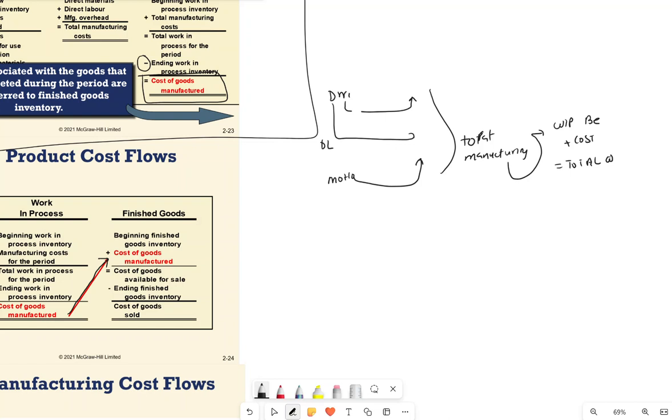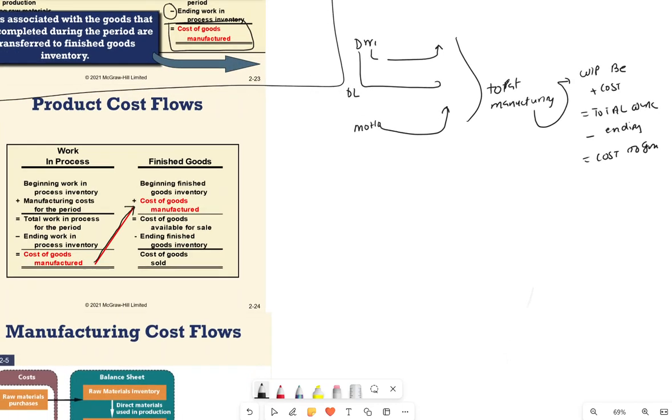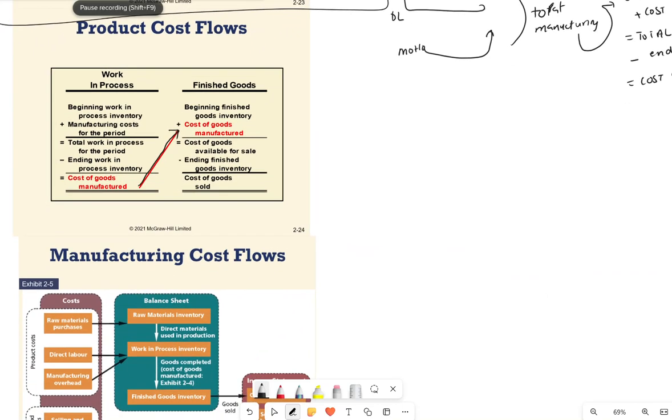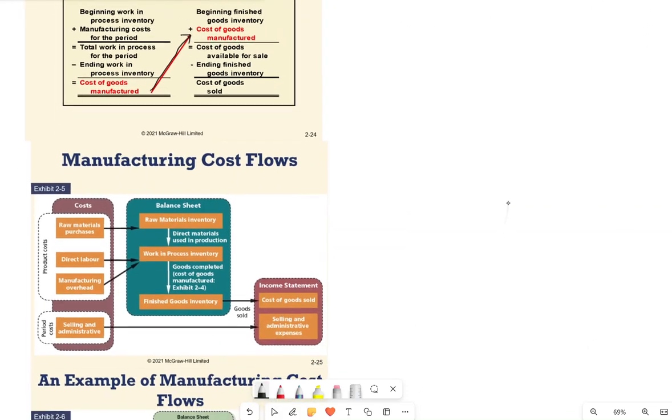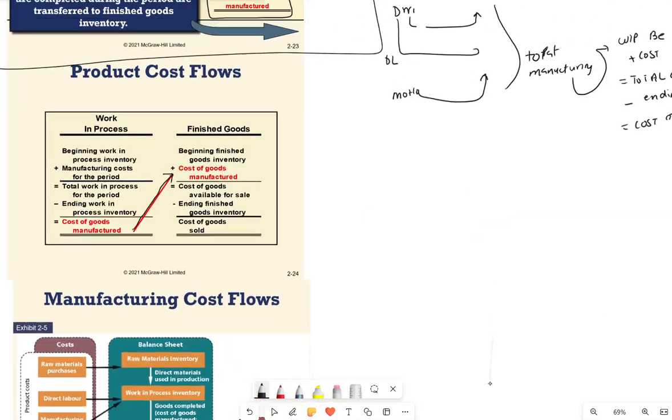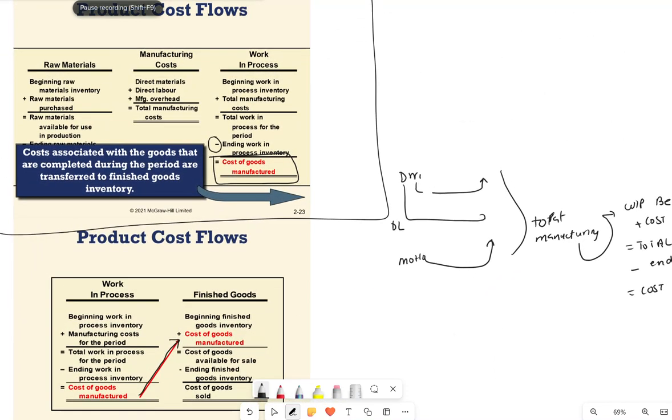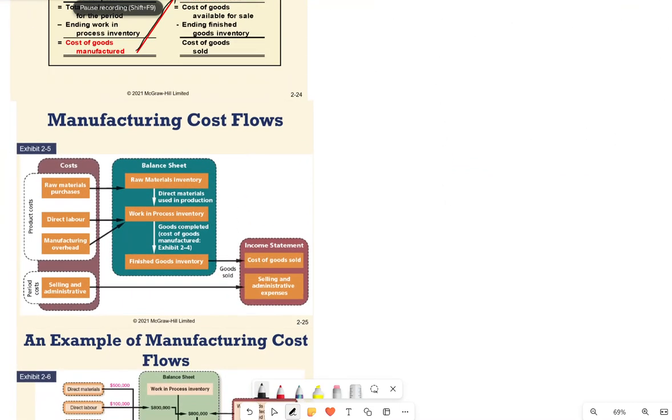Total work in process minus what you have in ending is equal to your cost of goods manufactured. That goes into your finished goods, and from the finished goods you are going to be selling to outsiders.